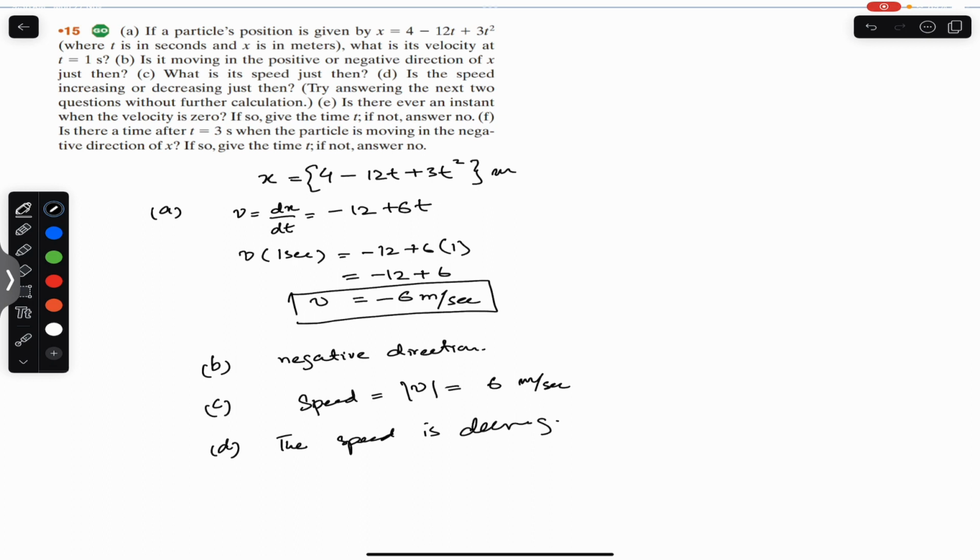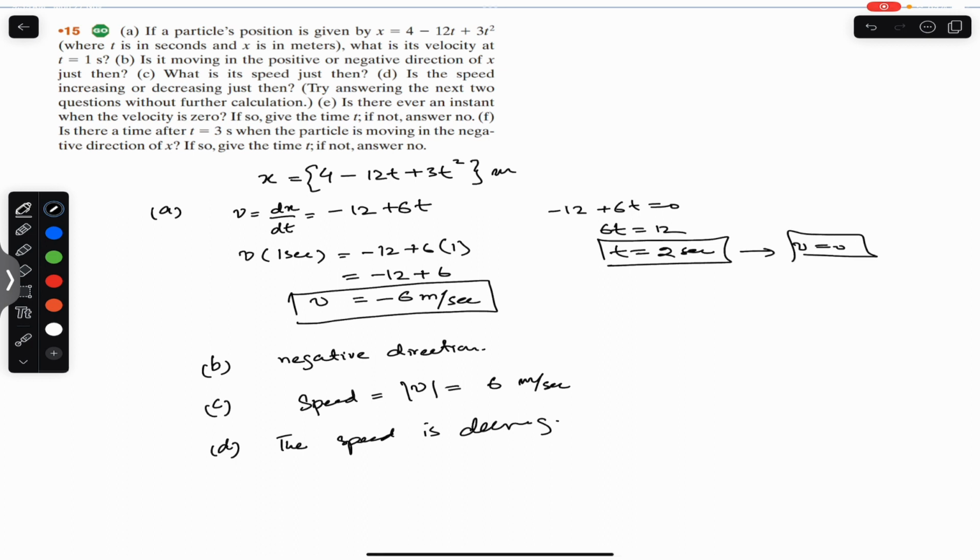If we equate the velocity to 0, we can find the time t at which the velocity becomes 0. So minus 12 plus 6t equals 0, and from this 6t equals 12 and t equals 2. So at t equals 2 seconds, the velocity is 0.